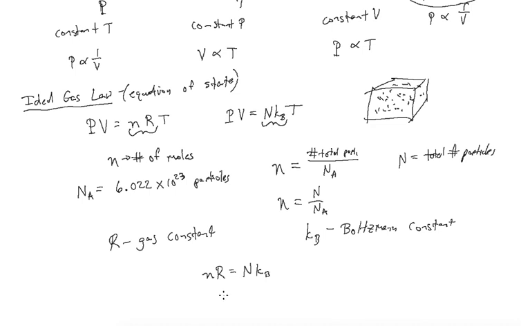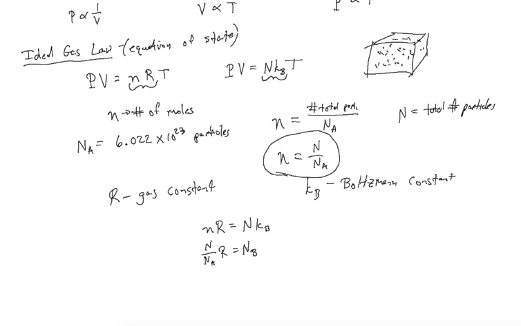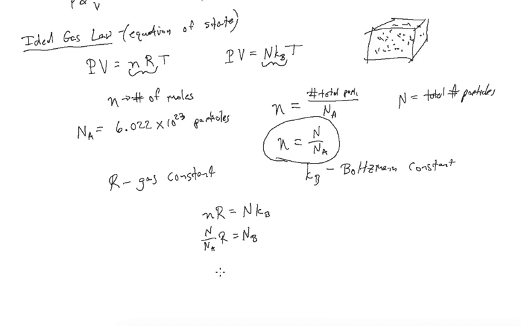And then we can replace this N with n times N_A, because remember that's how the number of moles relates to the number of particles. And then the n's cancel, and we've got that R is equal to, oops, sorry, I forgot to write k_B, I wrote that B there, sorry, R is equal to Avogadro's number times the Boltzmann constant.